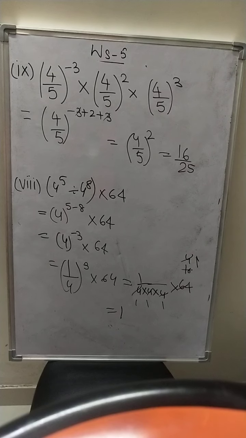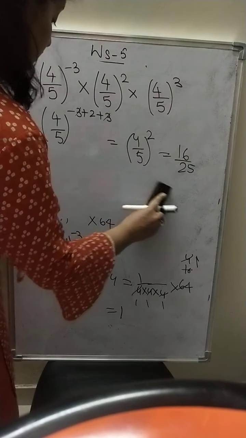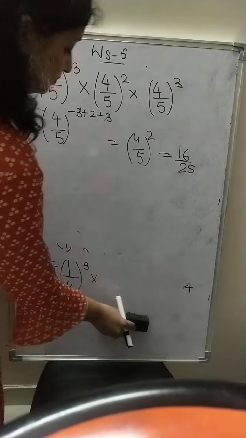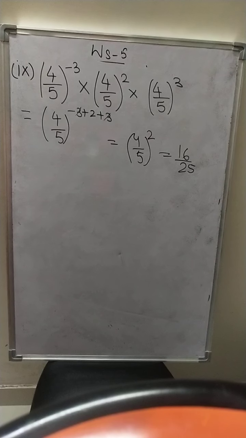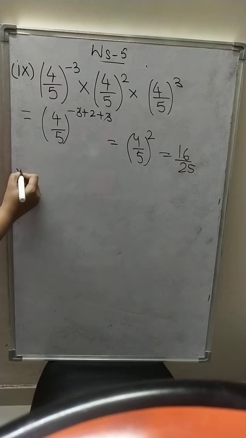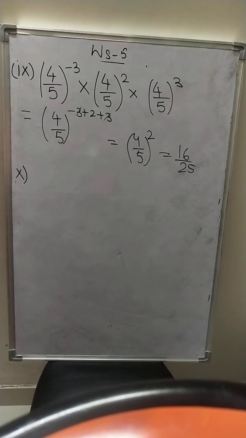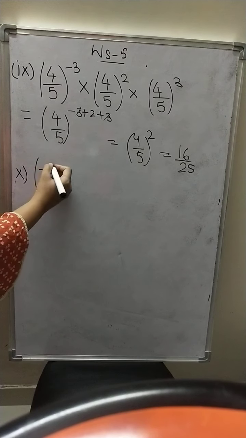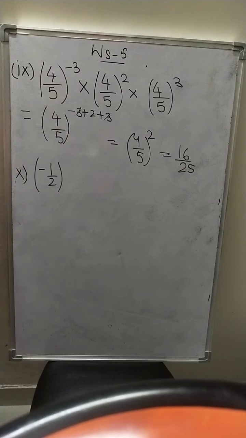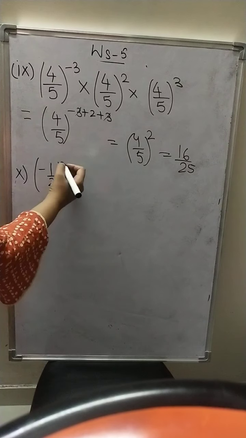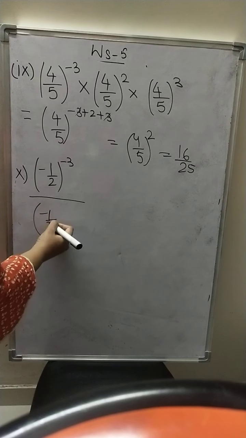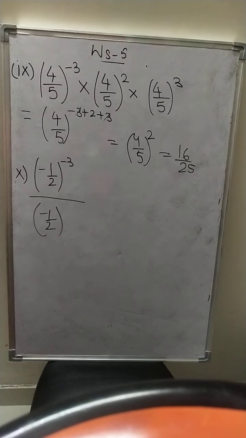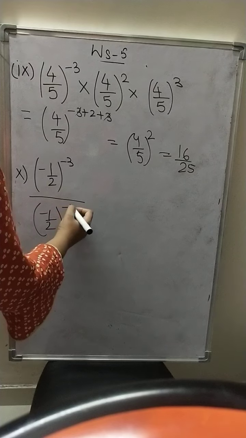Now let us do 10th part, which is the last part of this question. It was indeed a big question having 10 parts and all were relatively different from each other. So I get (-1/2) raised to the power of minus 3 divided by (-1/2) raised to the power of minus 4.